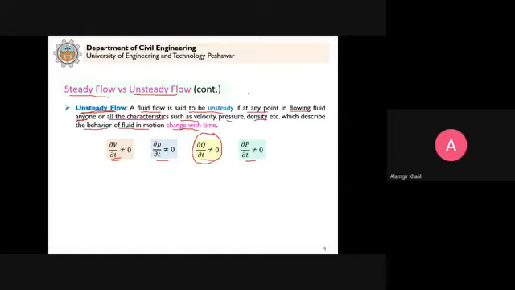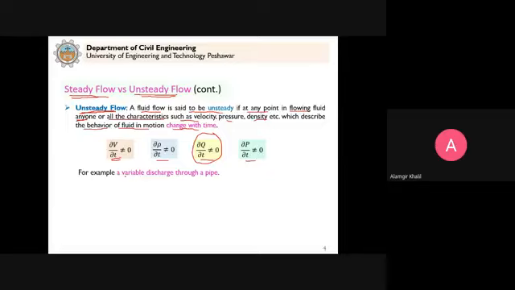When we treat a problem as unsteady flow, you will see later in this lecture that the energy equations become different from those we write in steady flow. This affects our analysis, and definitely this will have an impact on the design. So that's why we are interested to study and differentiate these different types of flows and flow regimes.